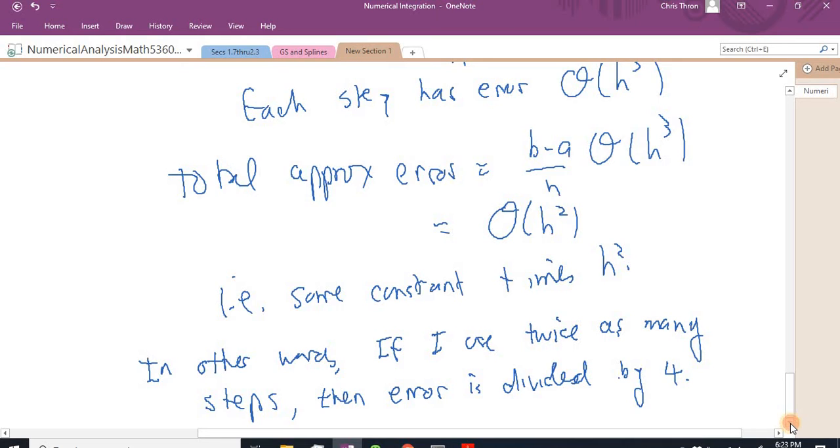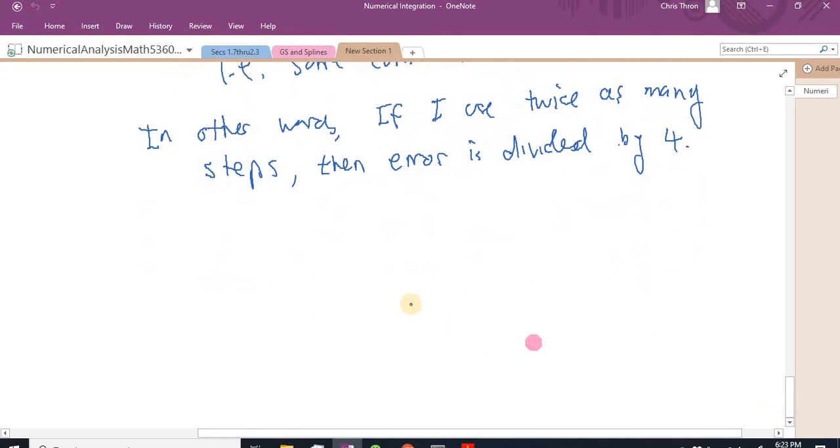Okay. All right, so I'm going to do this now because I think this is important. This is a really very clever step that somebody took, and it's a common technique in mathematics that you would call extrapolation. So suppose I use n steps.